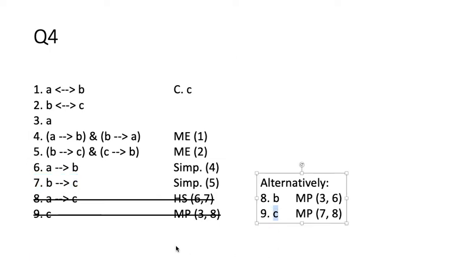So that's just another way that I'm sure many of you would do this problem instead of doing hypothetical syllogism, but they're both totally correct, and I have no recommendations for doing one way or the other. They both seem to me equally simple, straightforward, and obviously correct.